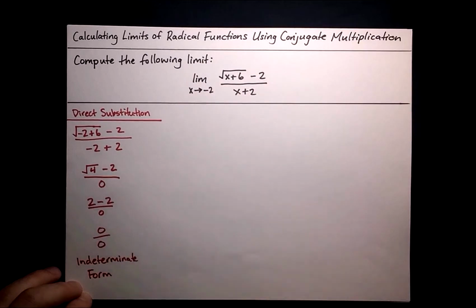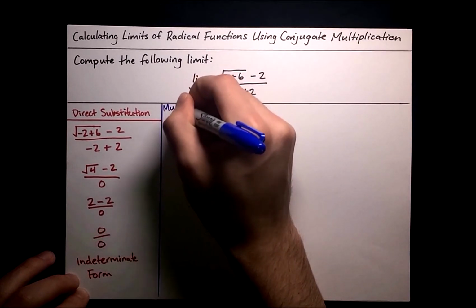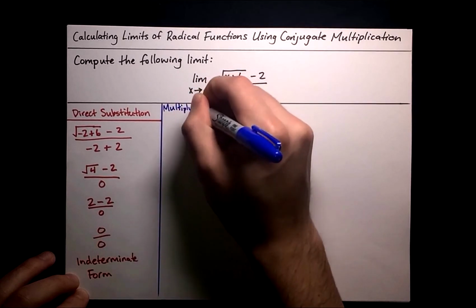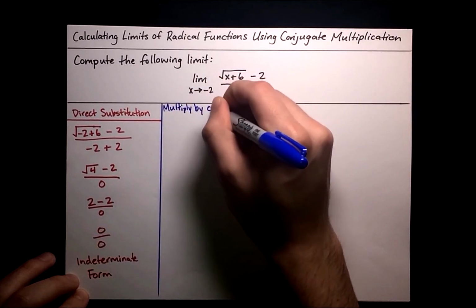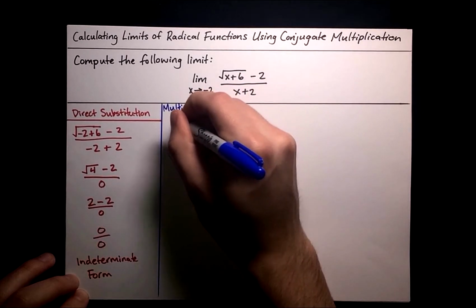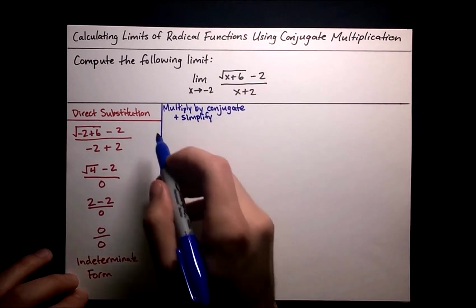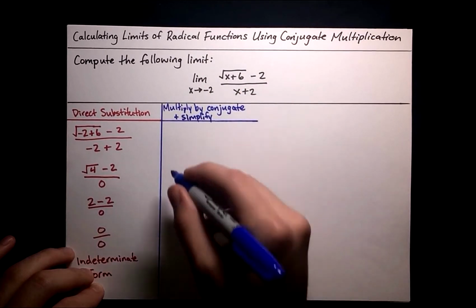Now, how do we go ahead and simplify the limit? Well, all we have to do is multiply by the conjugate. And then we simplify after that. Alright, so let's go ahead and multiply by the conjugate.